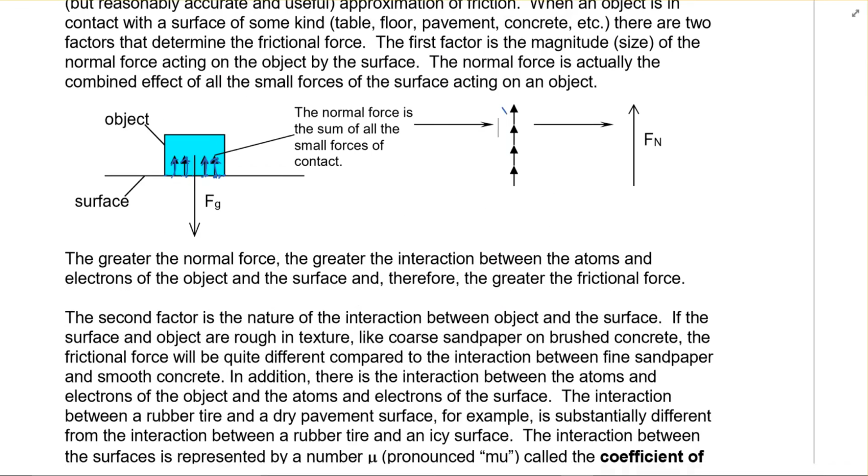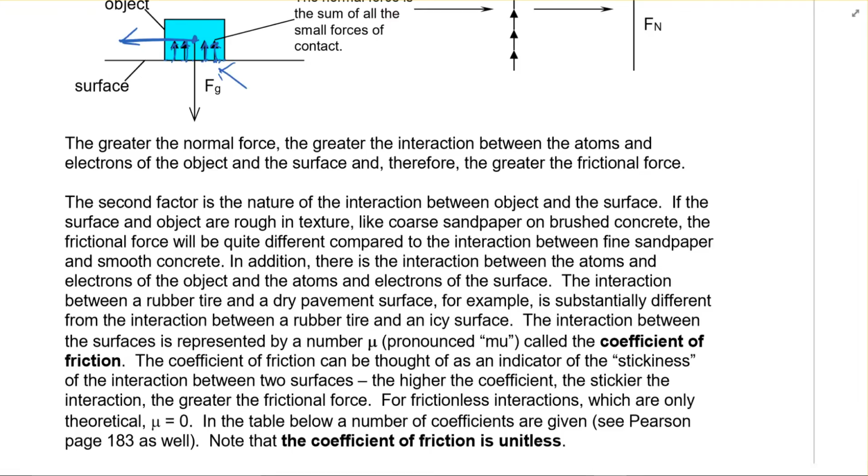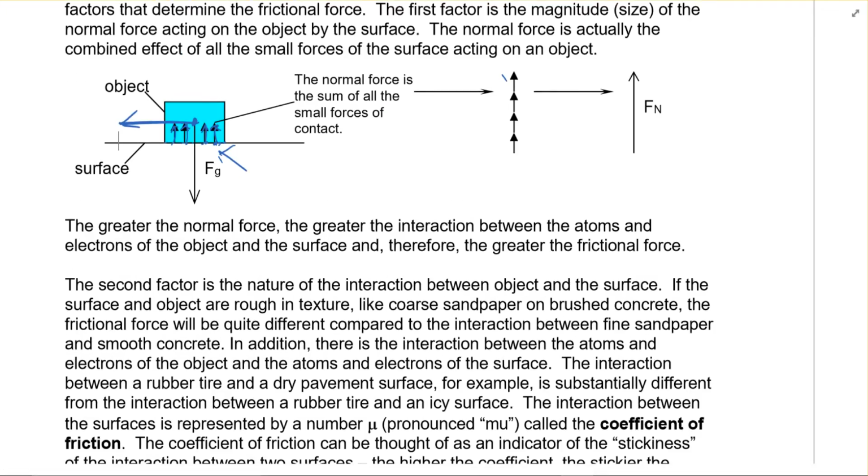For the most part, we don't even really need this idea. We just need to know that there's a normal force pushing up and that there is some sort of force of friction pulling backward when we drag this thing. But what we can say is that if I think about this normal force as one long arrow going up, the bigger this normal force is, the bigger the force of friction will be, which makes sense.